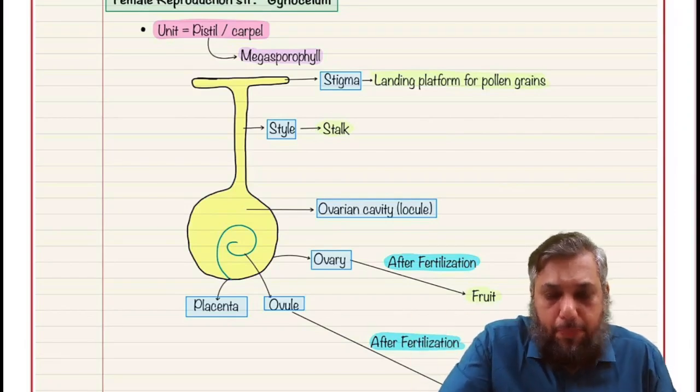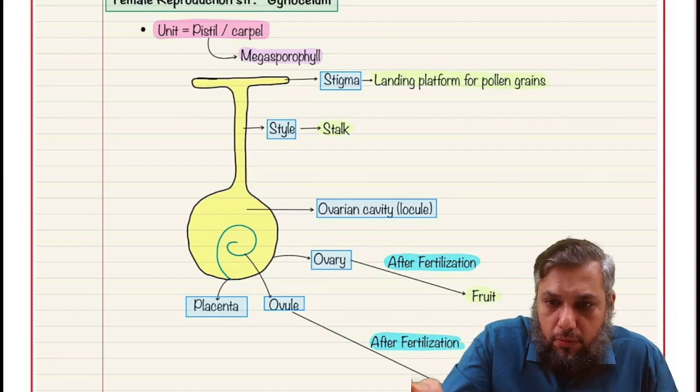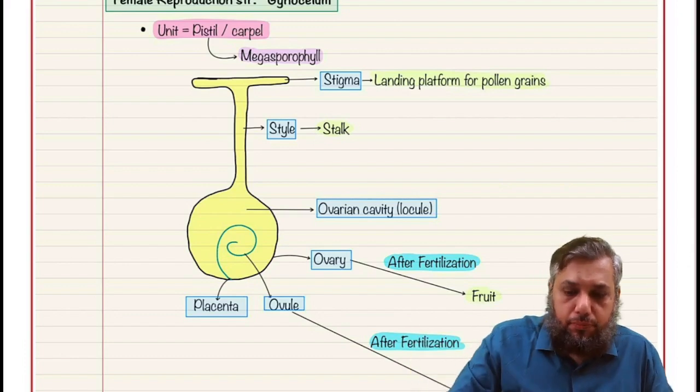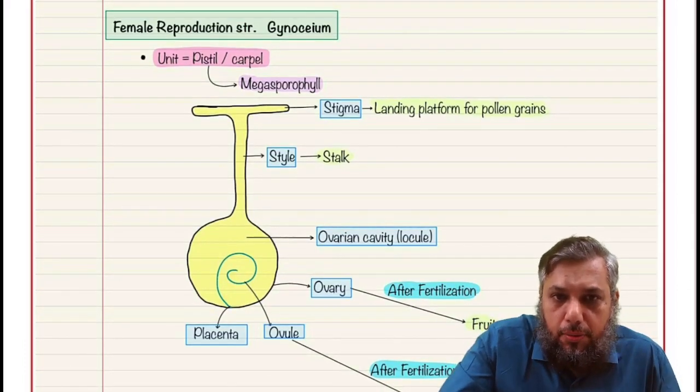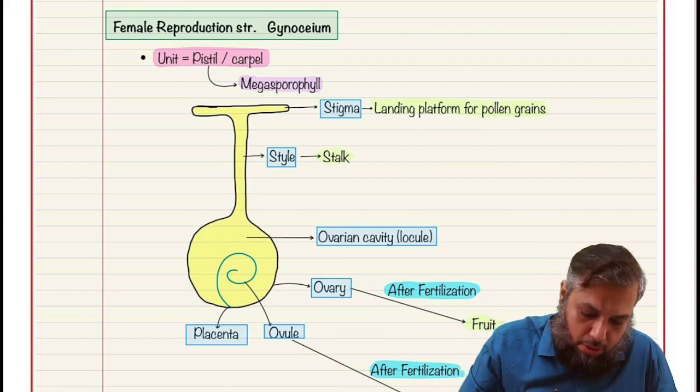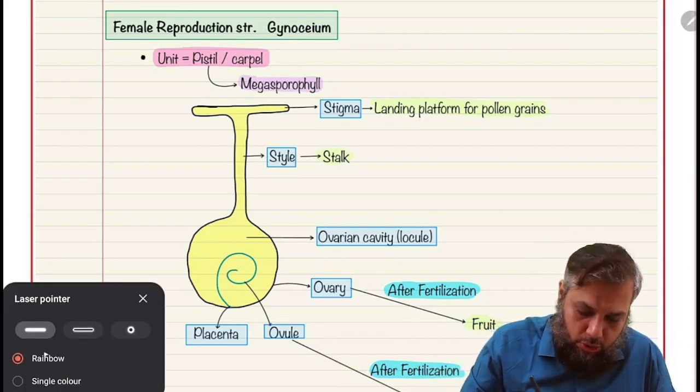So, dear students, after we have finished the study of the male reproductive whorl, that is the androecium, let us begin our discussion with the female reproductive structure. And the female reproductive structure, as you know, is the gynoecium.